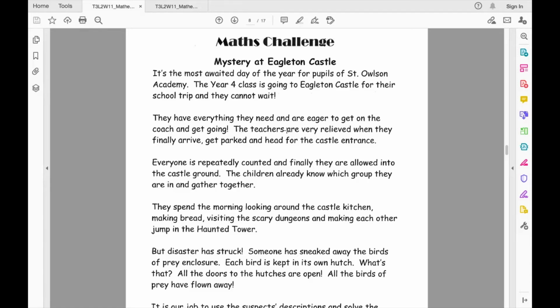The teachers are very relieved when they finally arrive, get parked, and head for the castle entrance. Everyone is repeatedly counted, and finally they are allowed into the castle grounds. The children already know which group they are in and gather together.